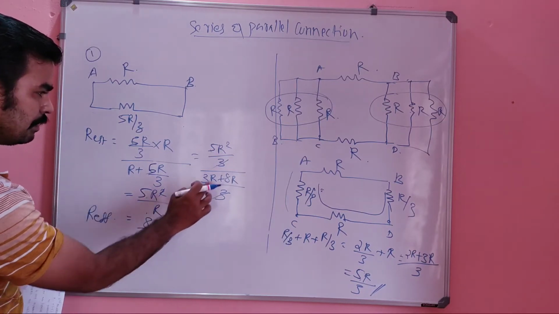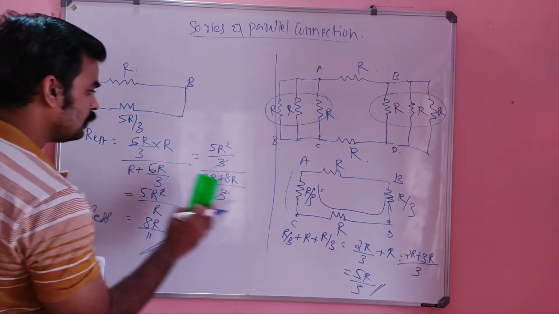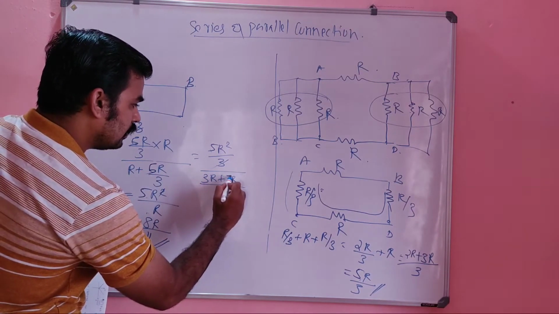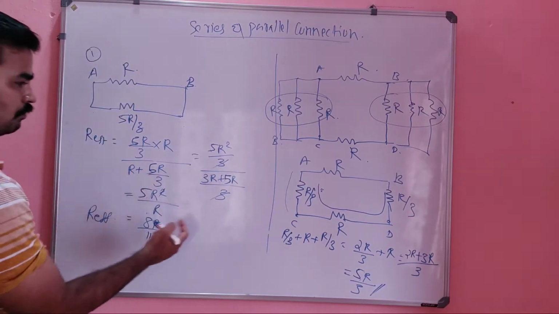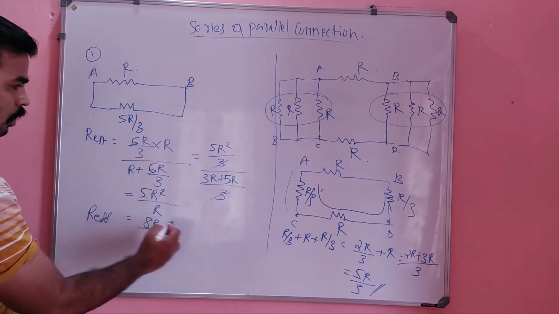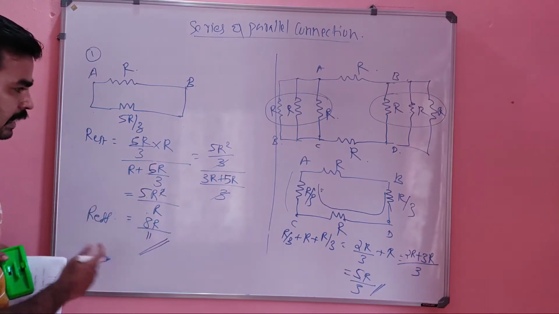So the remaining point will be 3R plus 5R divided by 3. So it will be 5R square divided by 3, whole divided by 8R by 3.